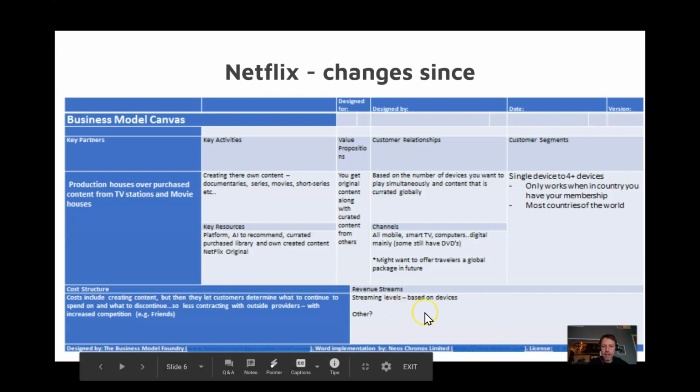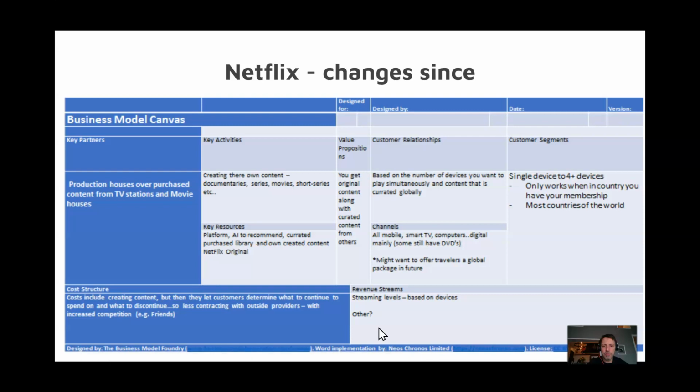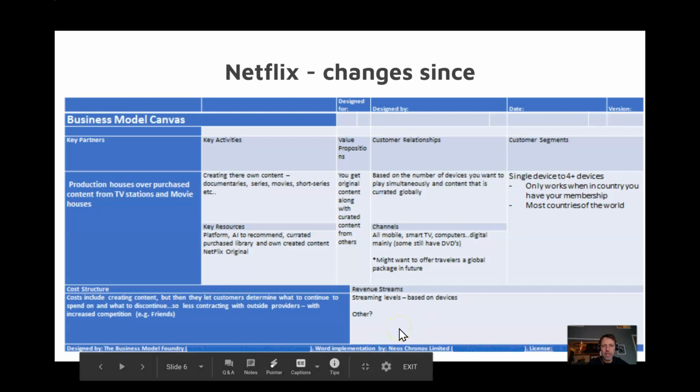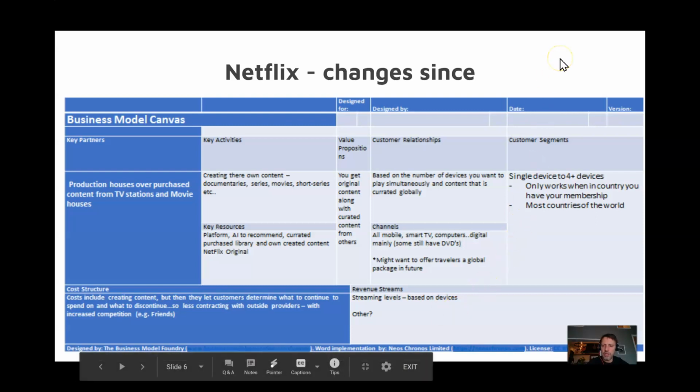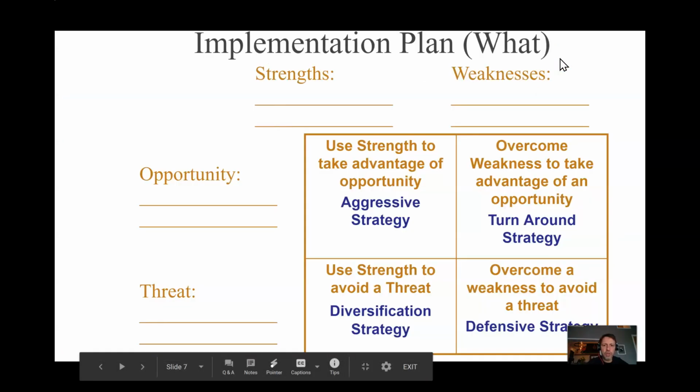And then revenue streams are based on streaming levels and based on the number of devices. And other than memberships, there might be a little ad spend, but there's very little other revenue streams, where Hulu does have quite a bit of ad spend revenue by comparison. And so that's a choice in their business model. Can't do all things, and so you're going to have to choose what you will and won't do.